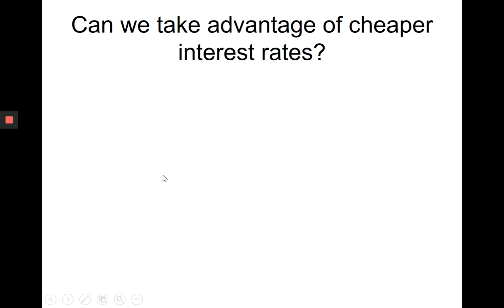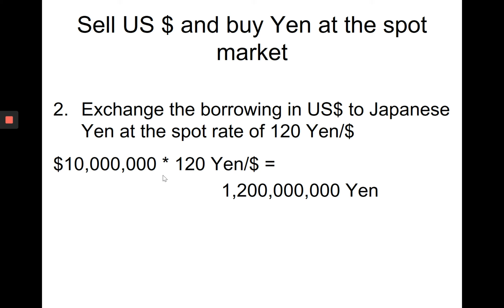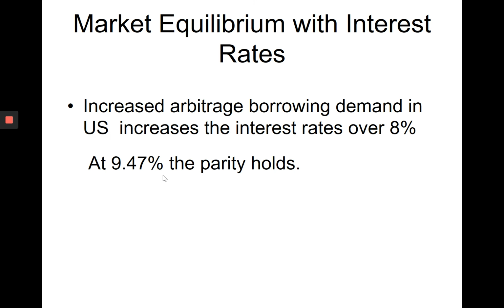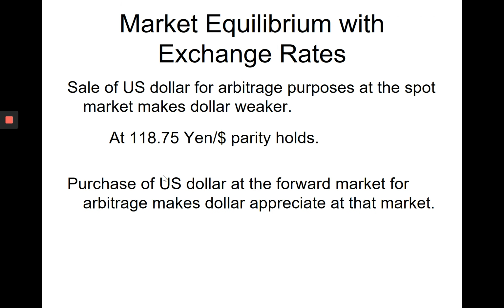Let's go back and see it here. Sale of US dollar for arbitrage purposes at the spot market makes dollar weaker at 118.75 yen per dollar. Parity holds. So that X should come to 118.75, and purchase of US dollars at forward market for arbitrage makes dollar appreciate at the forward market.